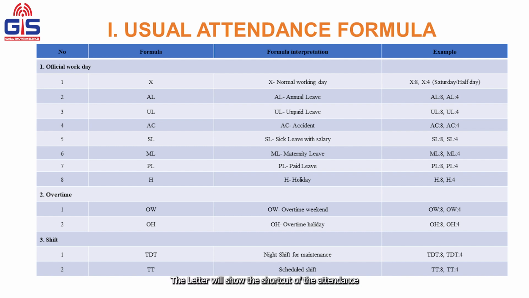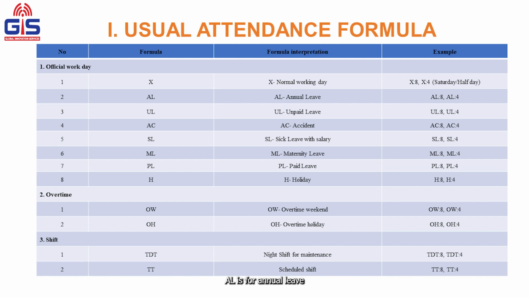The letter is the shortcut for the type of attendance, and the number shows the amount of time, in hours. You can see the formula here. X is for the normal working day. An example, H:8 means that staff work a full day for 8 hours.